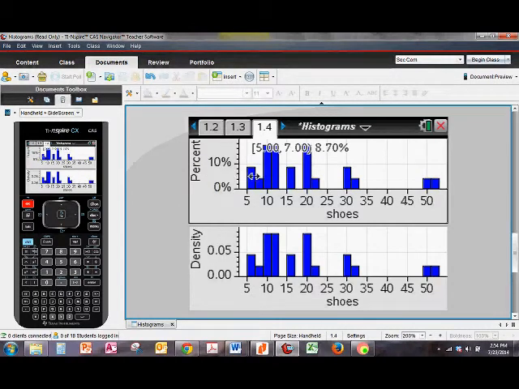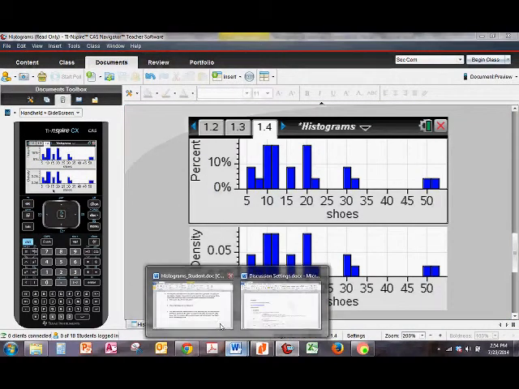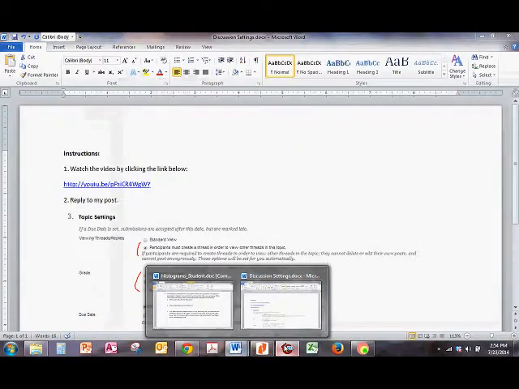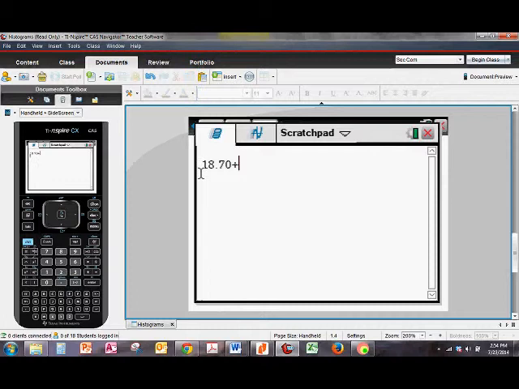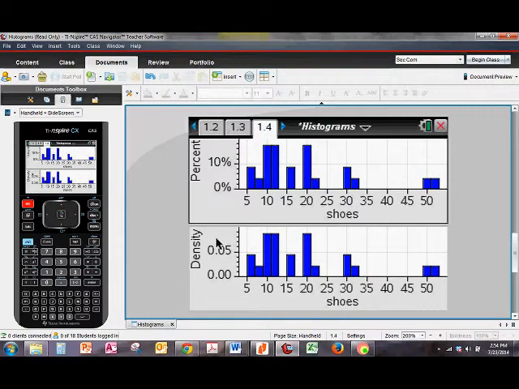So here is 8.7. So I need to fix that. Over here, press escape. The next after this was 8.7, which makes sense. It's got to be below 10, so my 18 didn't make any sense.